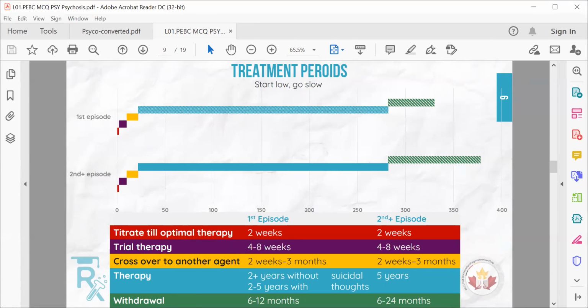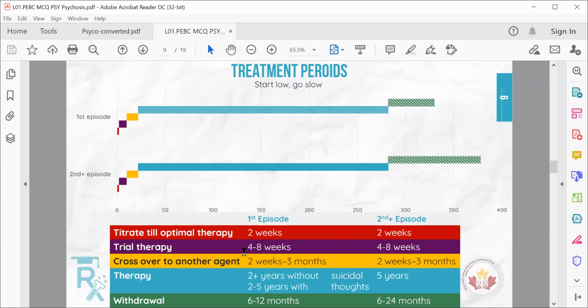I start with a low dose, 2.5 milligrams. Then after 2 weeks, I increase the dose depending on the tolerability of the patient to the medication. When would I decide that this medication failed? Okay, I need to change Olanzapine now. After 4 to 8 weeks.